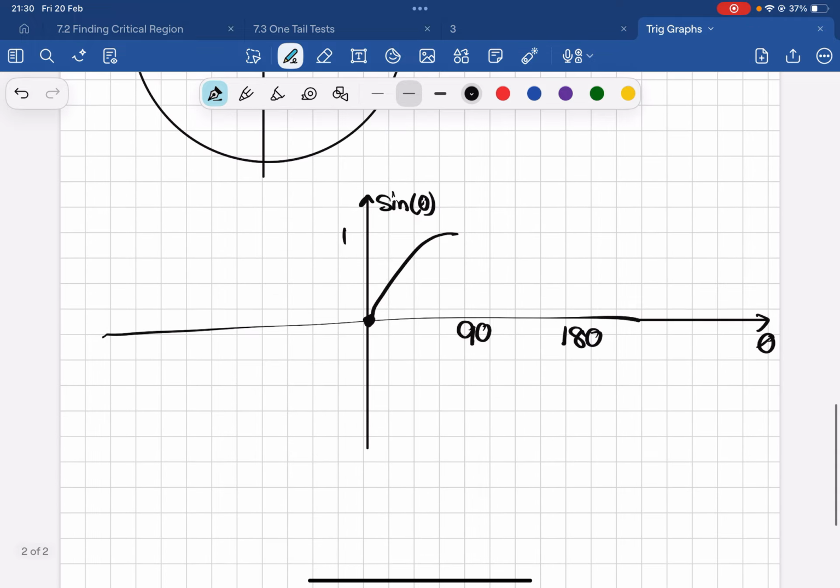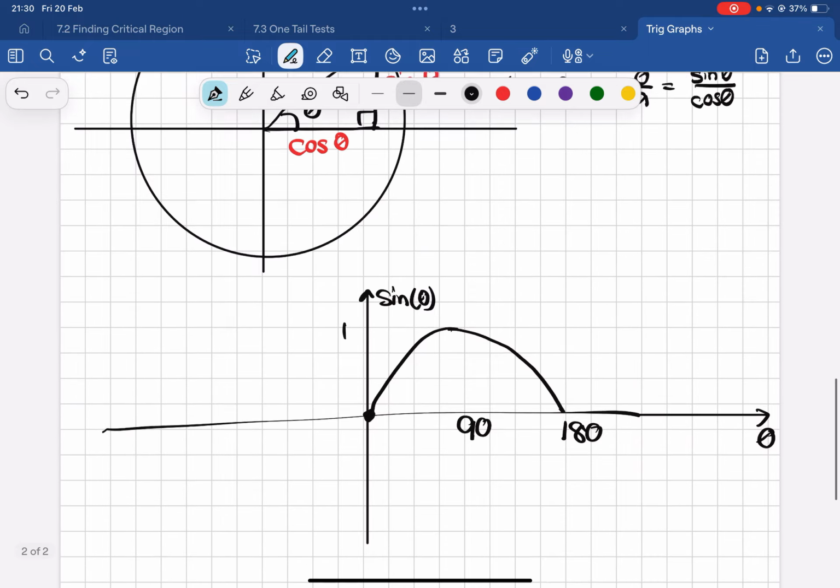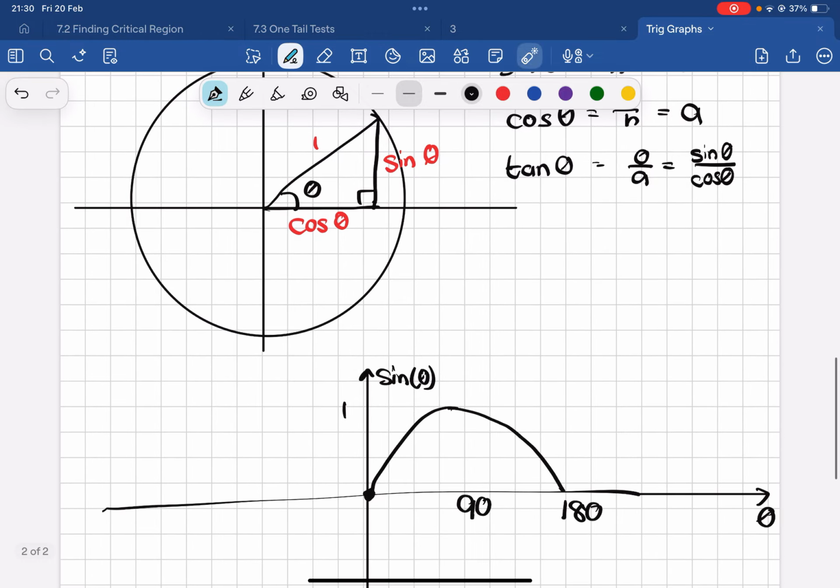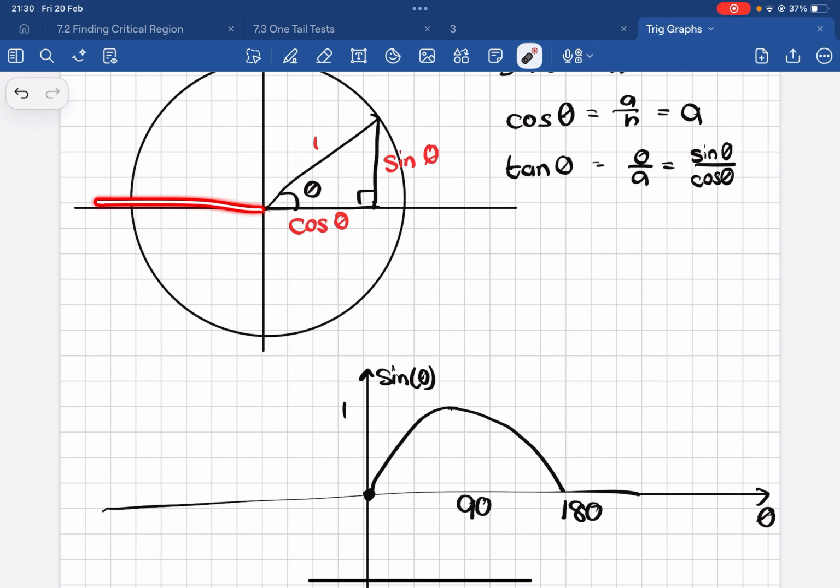So what we do here is take our sine theta value from 1 to 0. Now on to this next quadrant, the third one. We're going from 180 to 270. This angle here is 270.